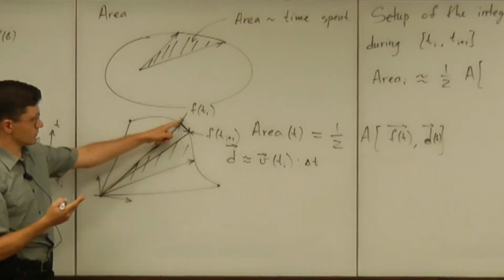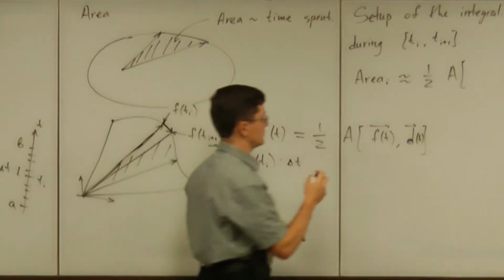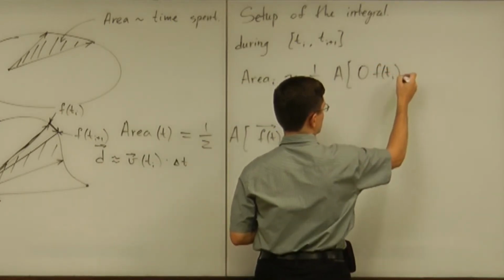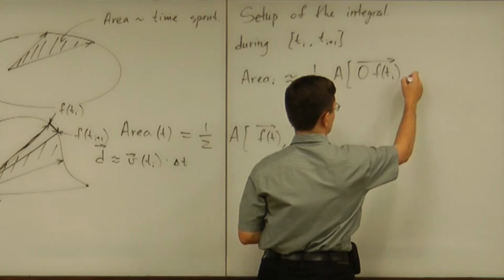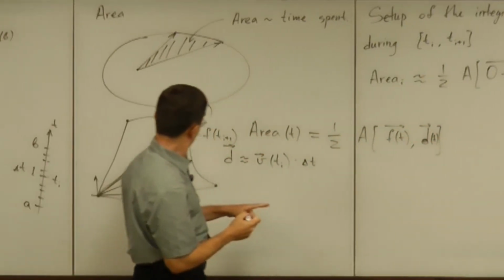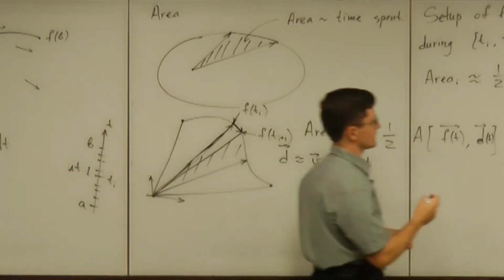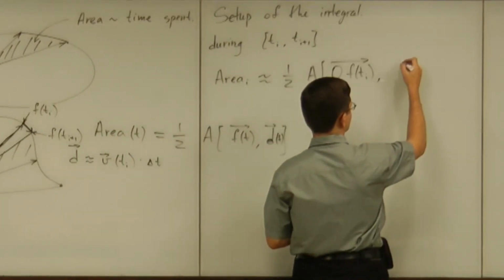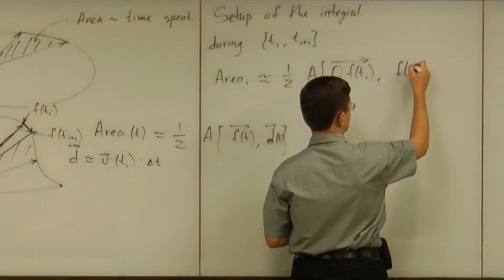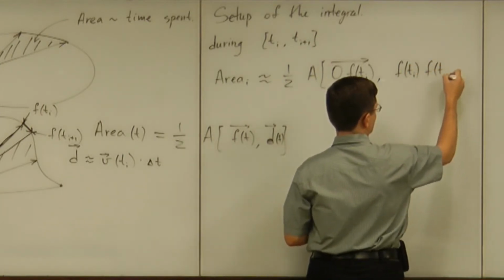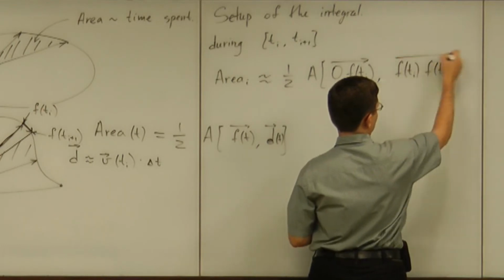One is from origin to the f of ti. The other is the displacement vector from f of ti to f of ti plus 1.